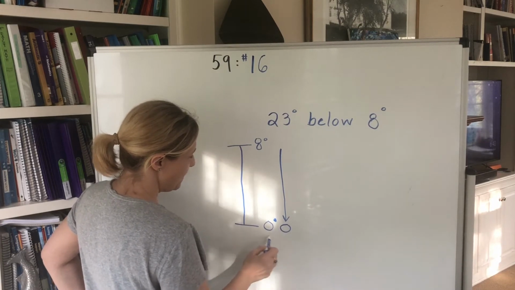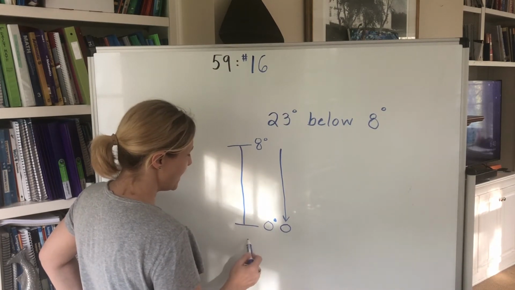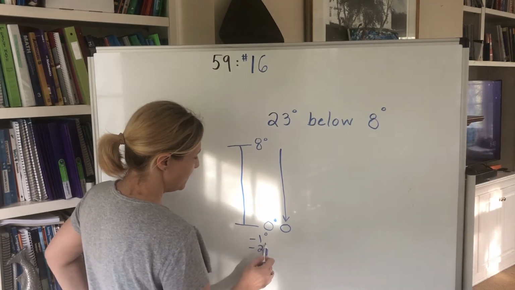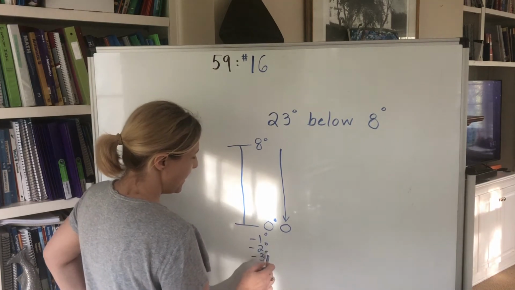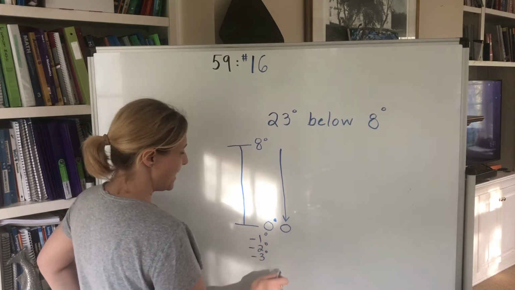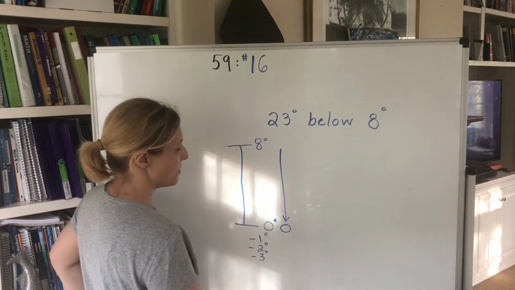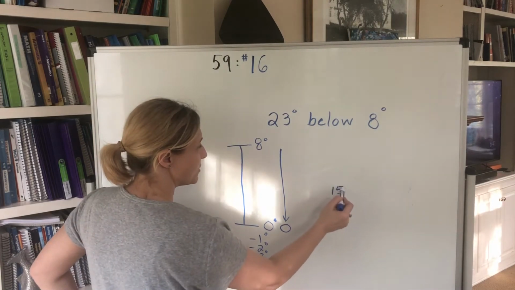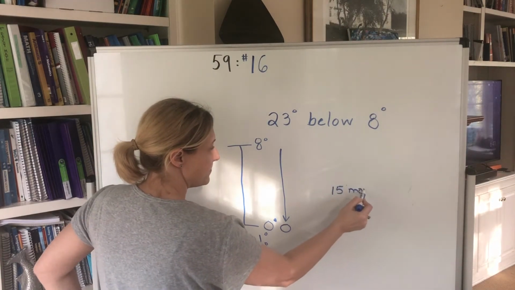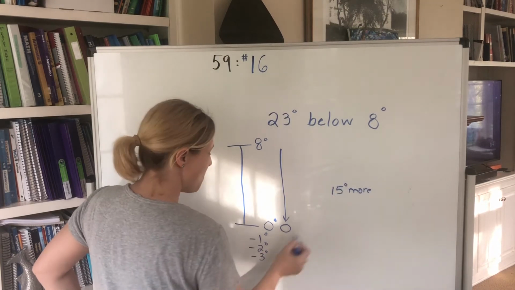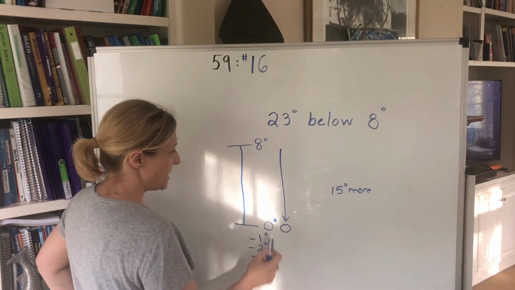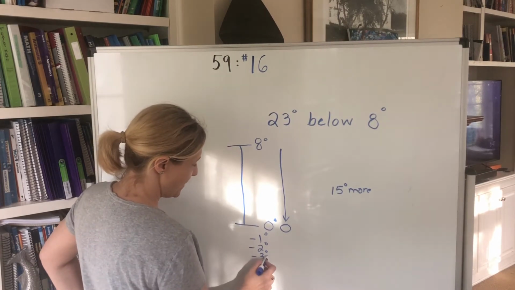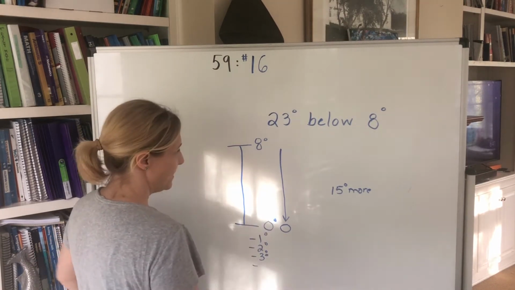Then if we go past 0, we're getting into negative temperatures, right? -1 degrees, -2 degrees, -3 degrees, and we'd have to go all the way. 8 plus what number would equal 23? Well, we'd have to go 15 more degrees to get to 23 degrees negatively.